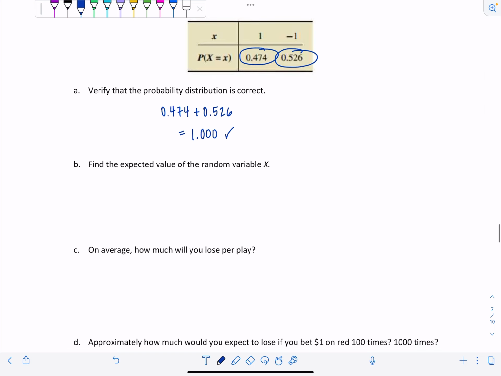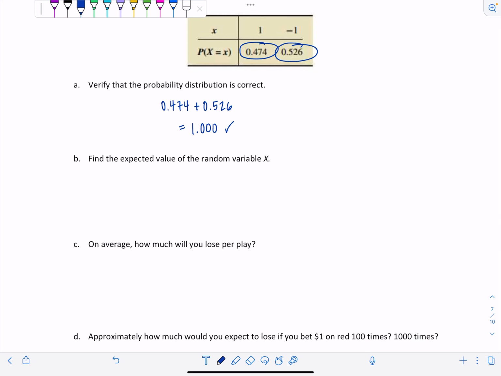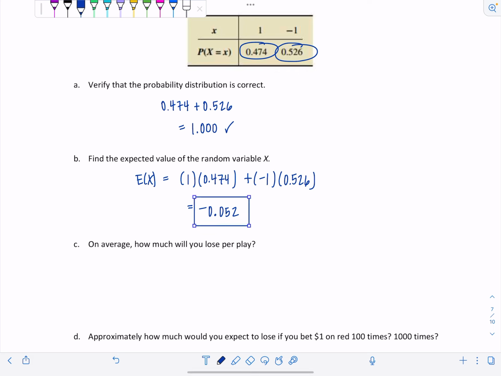Find the expected value of the random variable X. All right, so they've already given us the values in the table here. We're just going to use the formula, same as the mean formula. Take 1 times 0.474 plus -1 times 0.526. And this is going to be -0.052. So on average, how much will you lose per play?